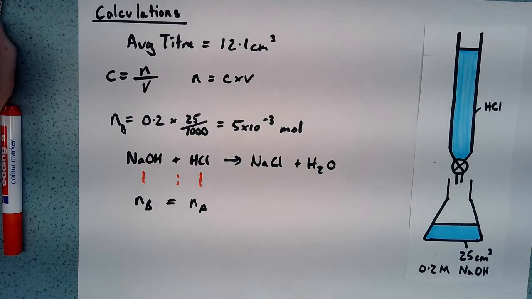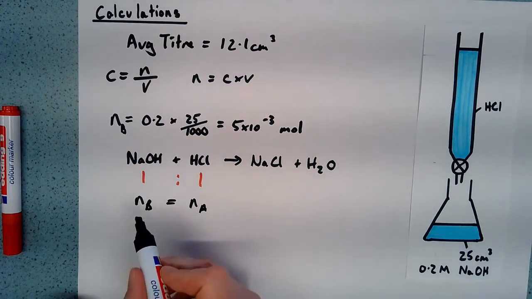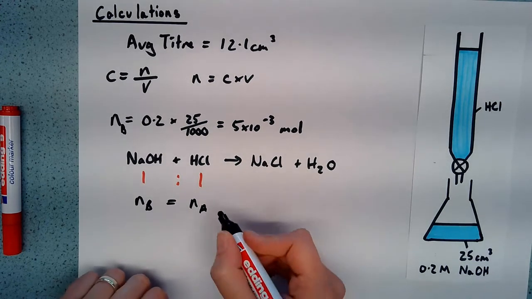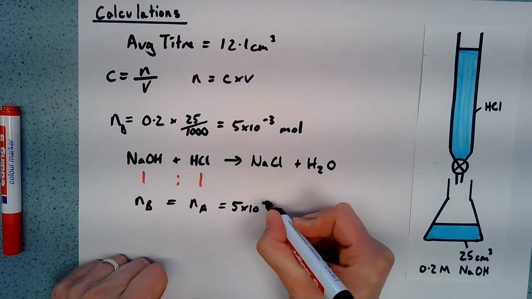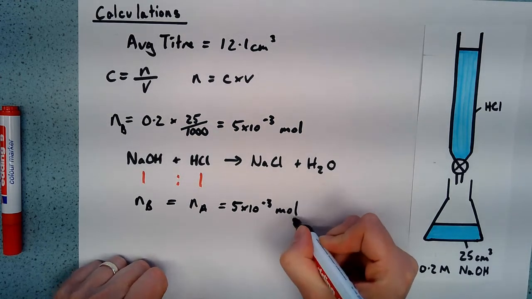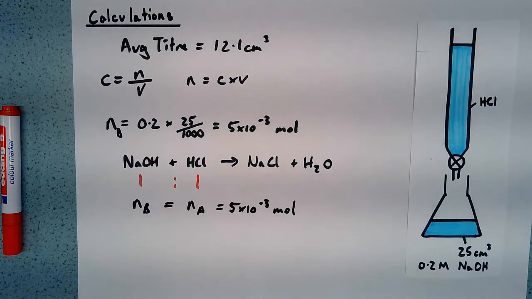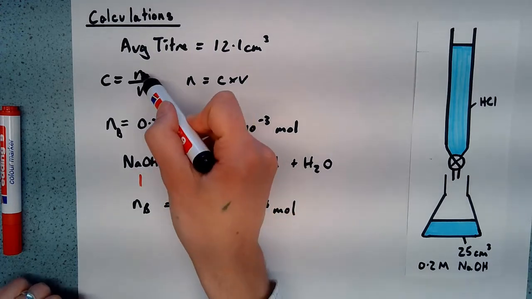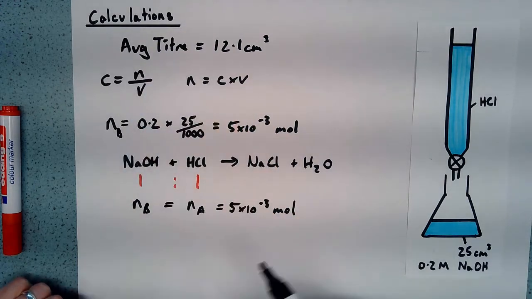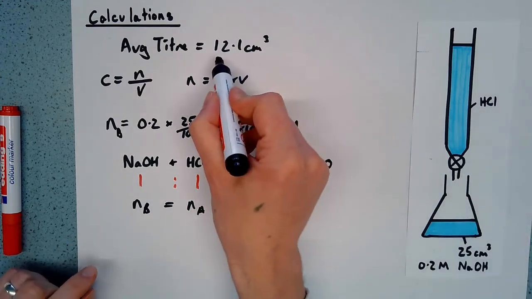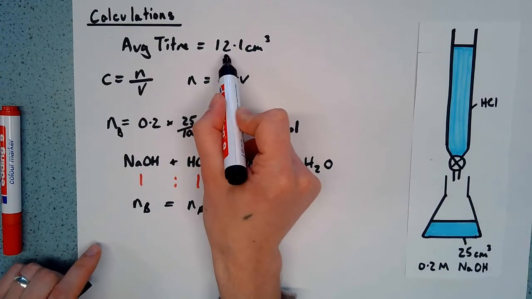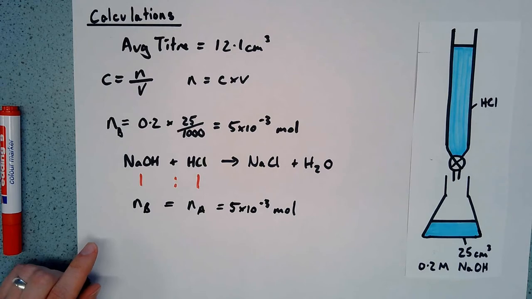So the next step is, if we know that the number of moles of the base equals the number of moles of acid, we have 5 times 10 to the minus 3 moles of acid as well. And because we know the number of moles of acid, and our acid was in our burette, the burette has an average titre of 12.1 centimetres cubed used.